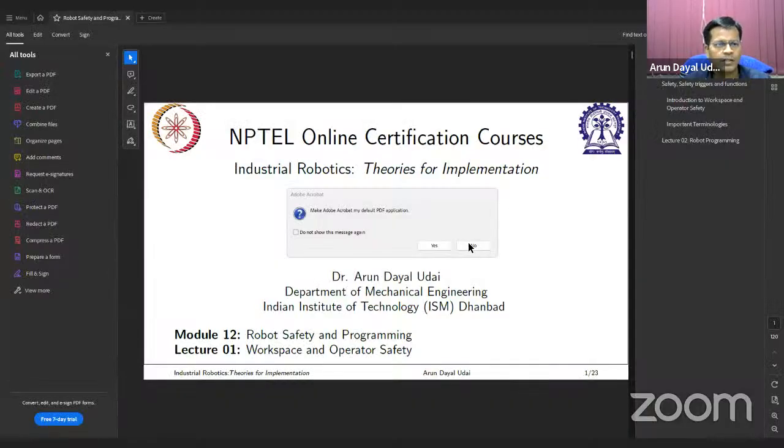So again, a very important module I'll show you. Safety stuff, which is there in the lecture slides. Again, this is a module on industrial robot safety.